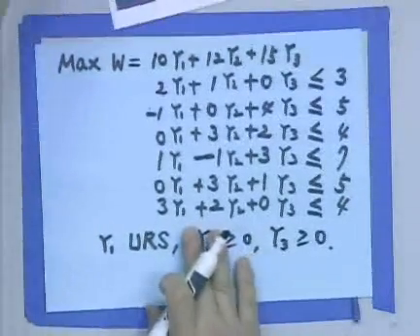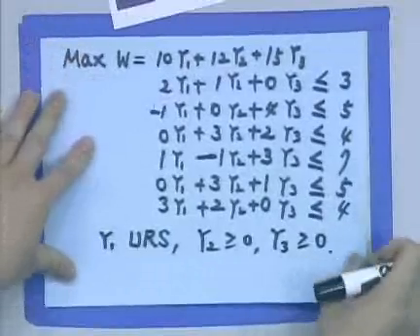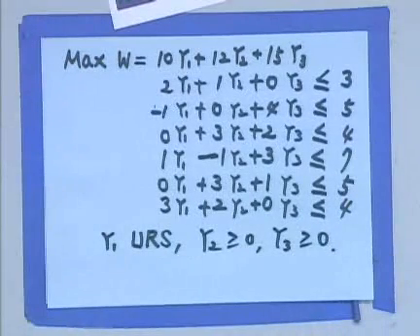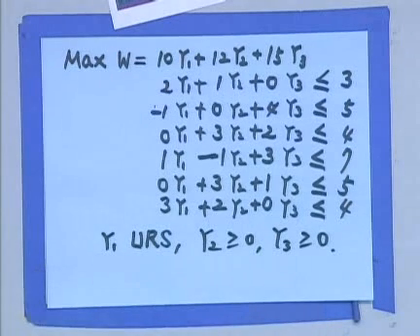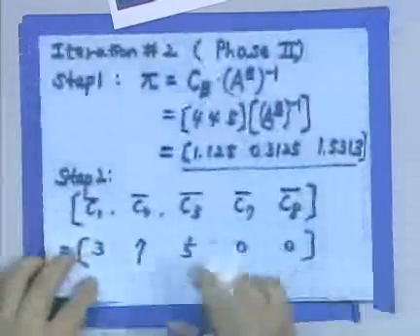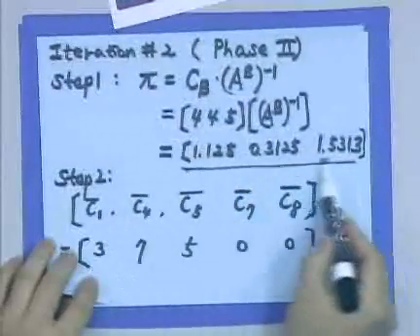So this is the dual problem, okay? Then let me ask you a question. What is the optimal solution to this dual problem? Yeah, the pi values from the last iteration, which is this.